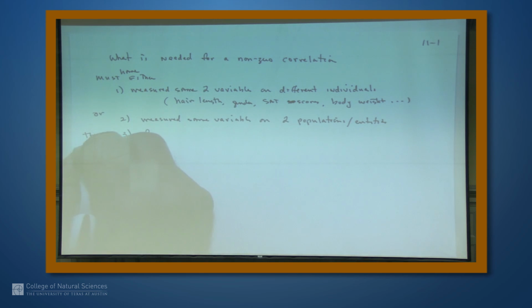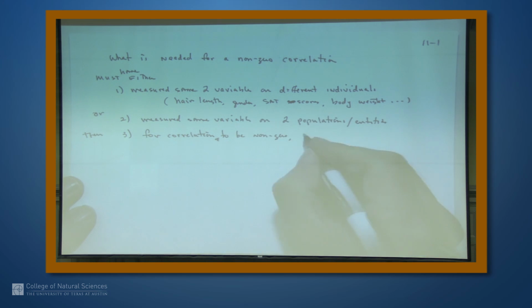But then, once you've satisfied those, for the correlation to be non-zero, the two variables must change together, or one population differs from the other.